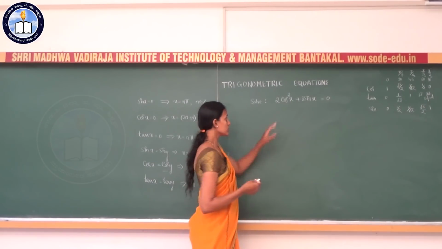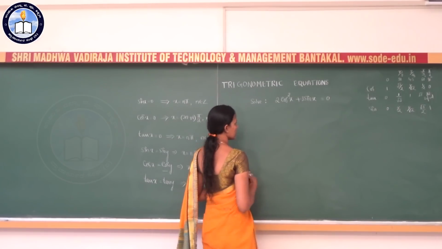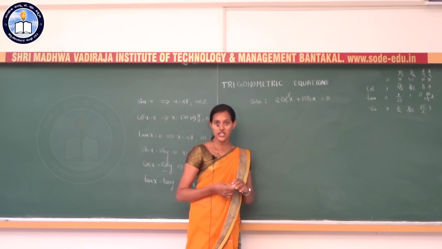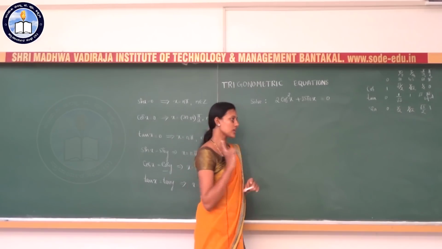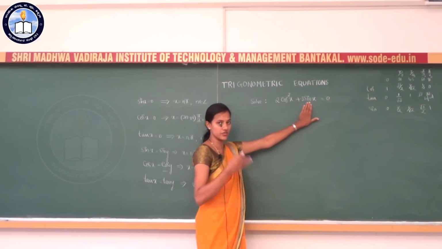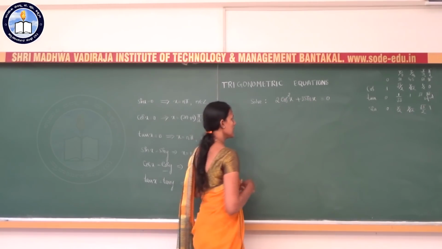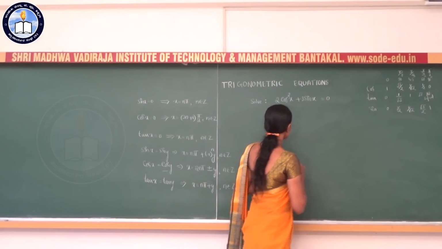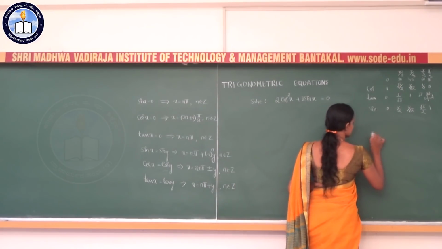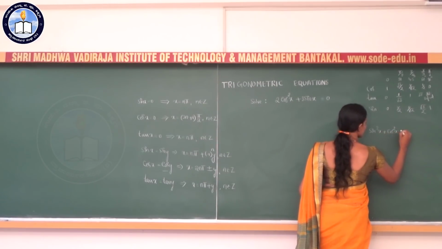Next question, 2 cos square x plus 3 sin x is equal to 0. Here also we would like to write the trigonometric equation in one trigonometric function. So either we have to write sine in terms of cos, or we have to write cos square in terms of sine square. We know that sin square x plus cos square x is equal to 1.